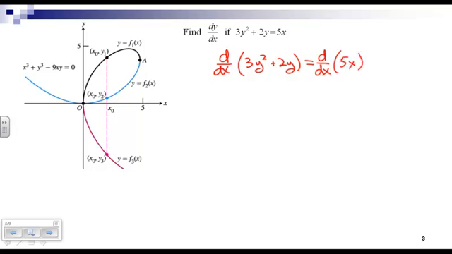Now the stuff on the right-hand side is easy peasy. That's what we've been doing all along. You can read the answer to the right-hand side for me right now. 5. Great. I'm going to write that equals 5 over there. Let's talk about the other side. Let's talk about the rules that we're going to apply in this case.